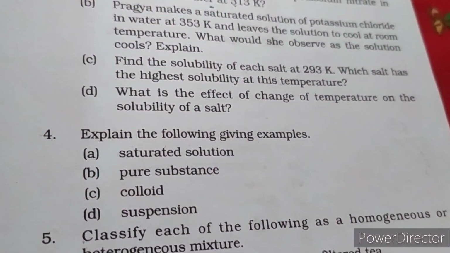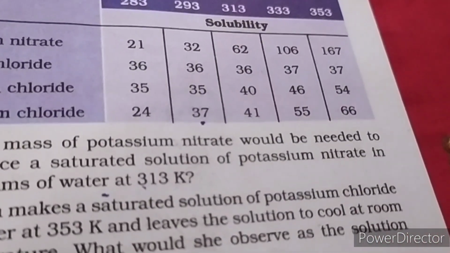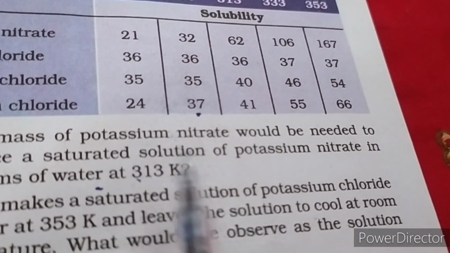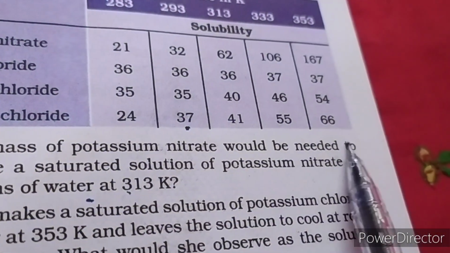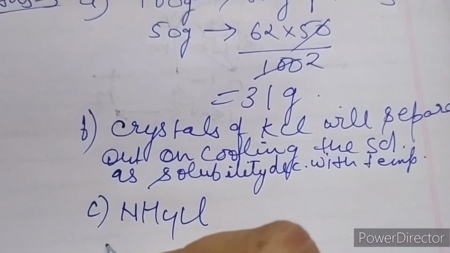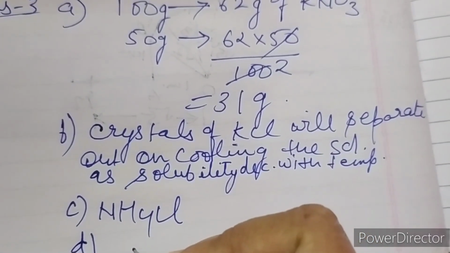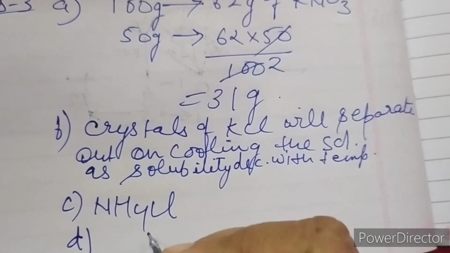What is the effect of change of temperature on the solubility of salt? If you observe this table clearly, you will see there is a gradual increase in the solubility of different salts with temperature. All the solubilities are increasing with the temperature more or less. So the observation is that with the increase in temperature the solubility of salts increases.